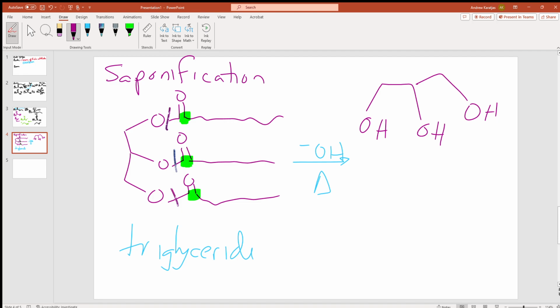It also is used in a lot of skincare products. But even more importantly, you end up with the carboxylate salt of whatever that long chain was from the triglyceride. And that compound should be one that's pretty familiar to us, even if we don't recognize it by structure, but it's through this reaction that we make soap.